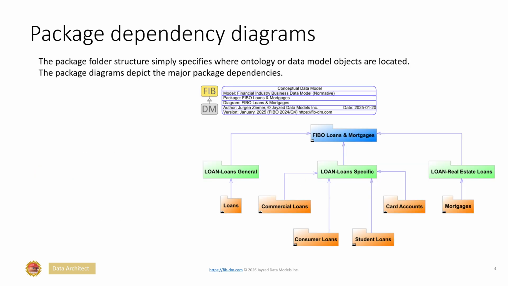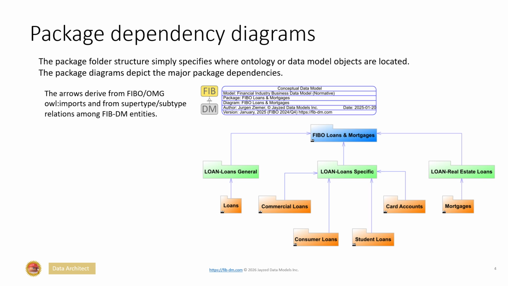So some more detail about the package diagrams, which depict dependencies between the packages. Now, the folder structure simply specifies where ontology or data model objects are located, whereas the package diagram shows the dependencies.